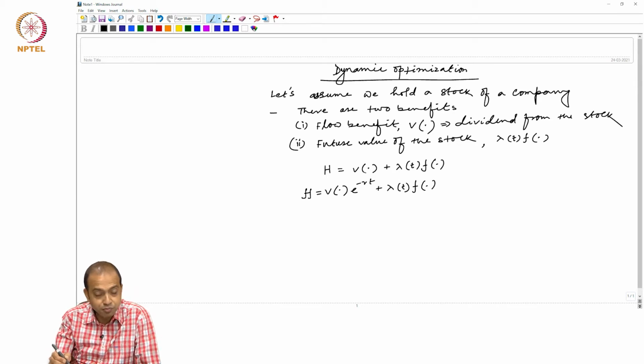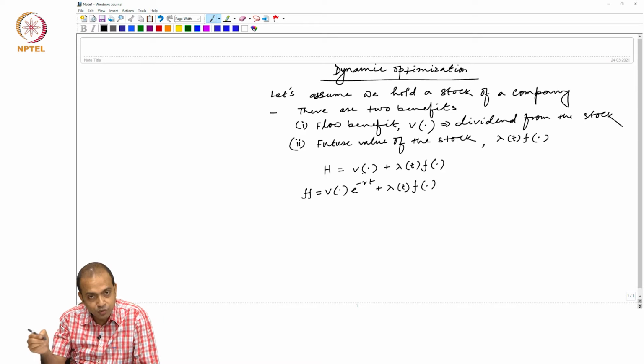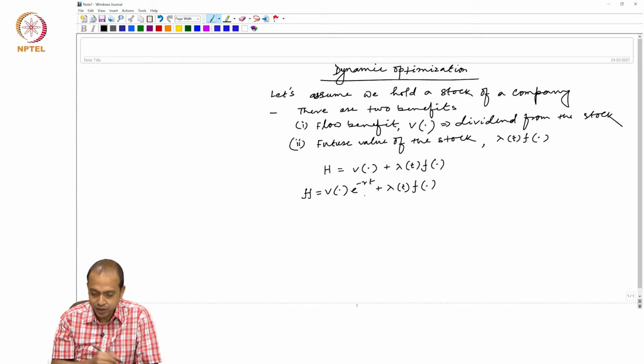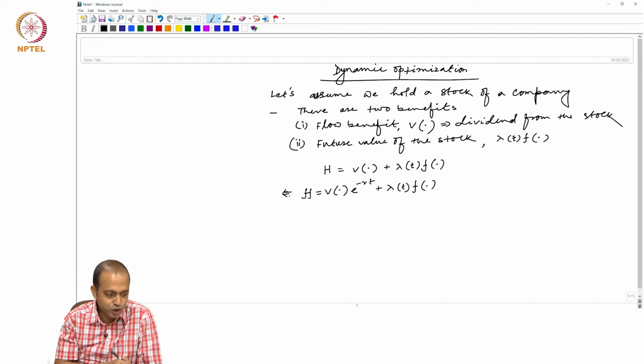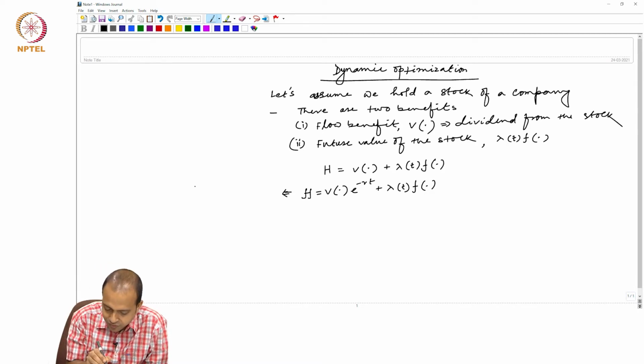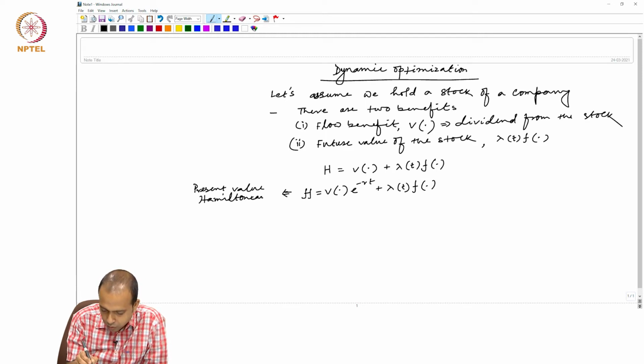I have simply converted the stream or flow benefit to one point of time by discounting it, and if we do so, then this h function is known as the Hamiltonian function, and that is called the present value Hamiltonian.